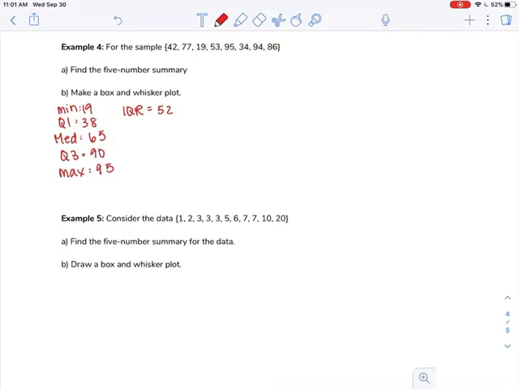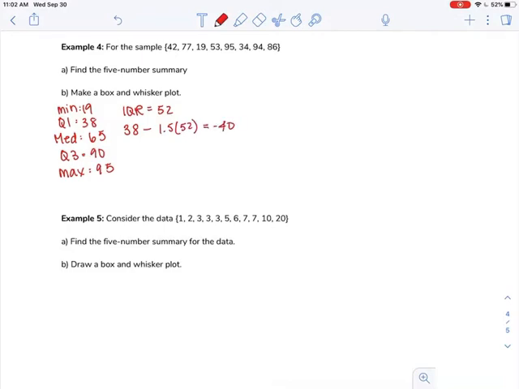And then if we want to find out what our outliers could be, remember we take our quartile 1 and our quartile 3 and we either subtract or add 1.5 times our IQR to find out if we have outliers. So again, my quartile 1, which is 38, I'm going to subtract 1.5 times my IQR, and that gets me negative 40.